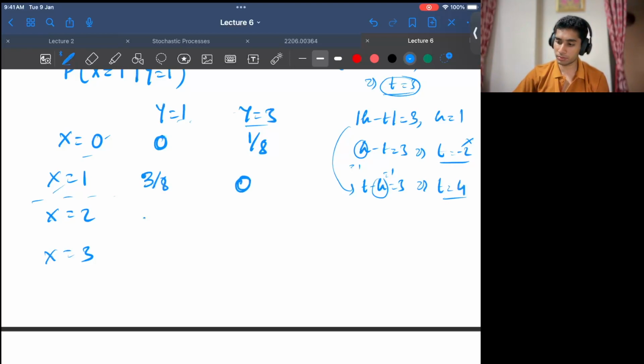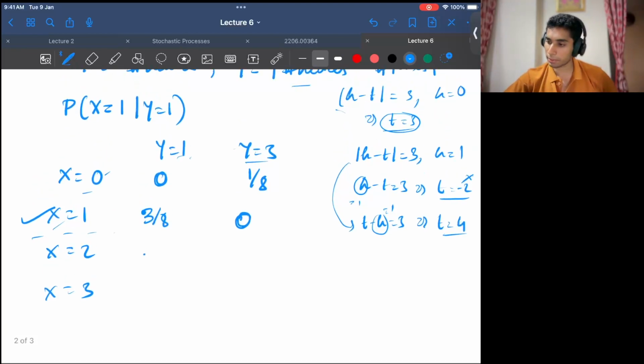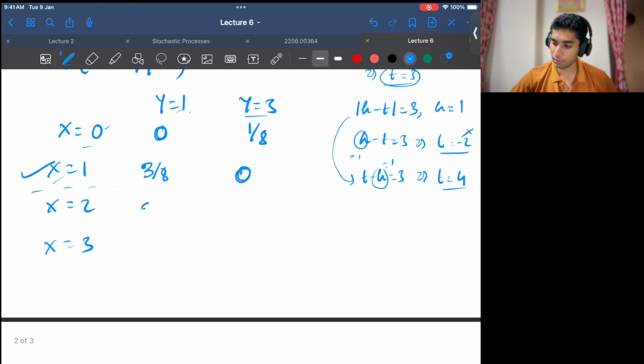And you are given that the difference between the two is equal to 1. This case is actually similar to this case. Why? Because heads and tails are actually just symmetric, right? Since it is a fair coin and you are using this absolute value, everything is symmetric. So you can just copy this thing here, 3 by 8 and 0. Similarly, these two things will be basically symmetry. Because of symmetry, they are the same.